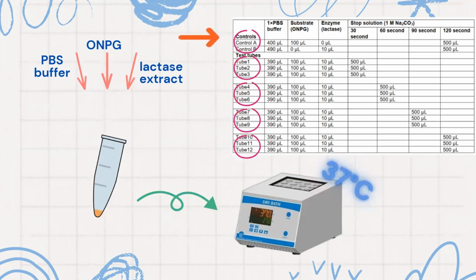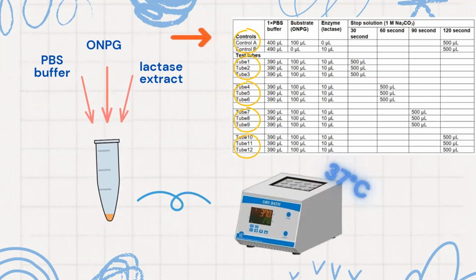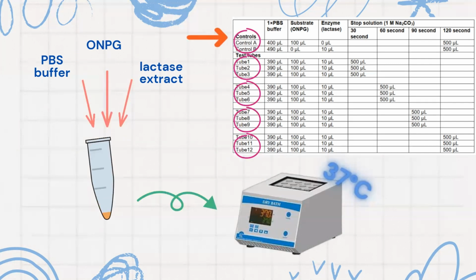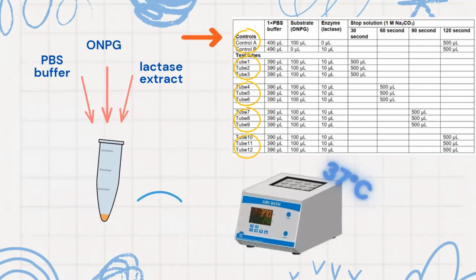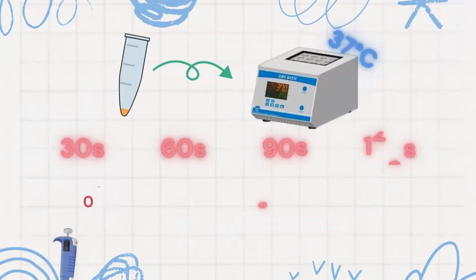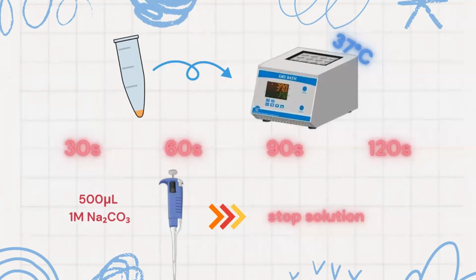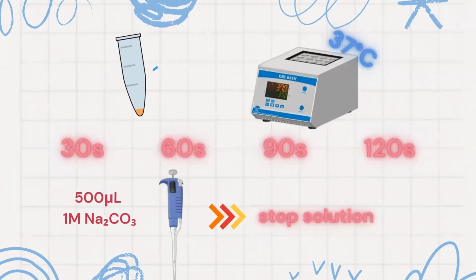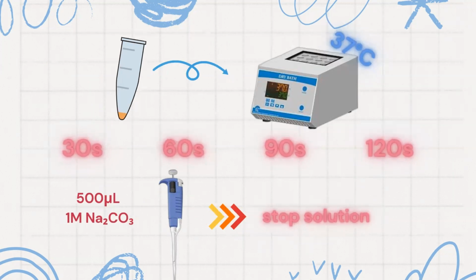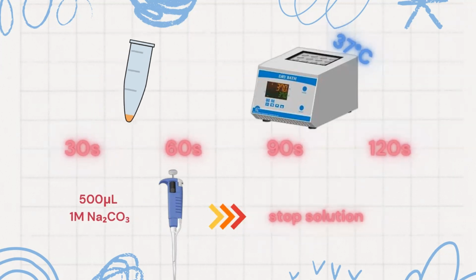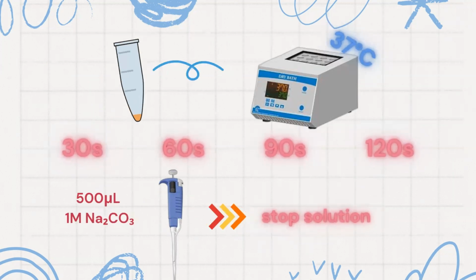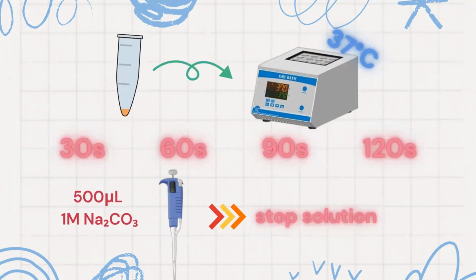Place them in a dry bath set at 37 degrees centigrade. Time according to the time in the table and incubate at the required temperature. Immediately remove and add 500 microliter stop solution to stop the reaction when the time is up.